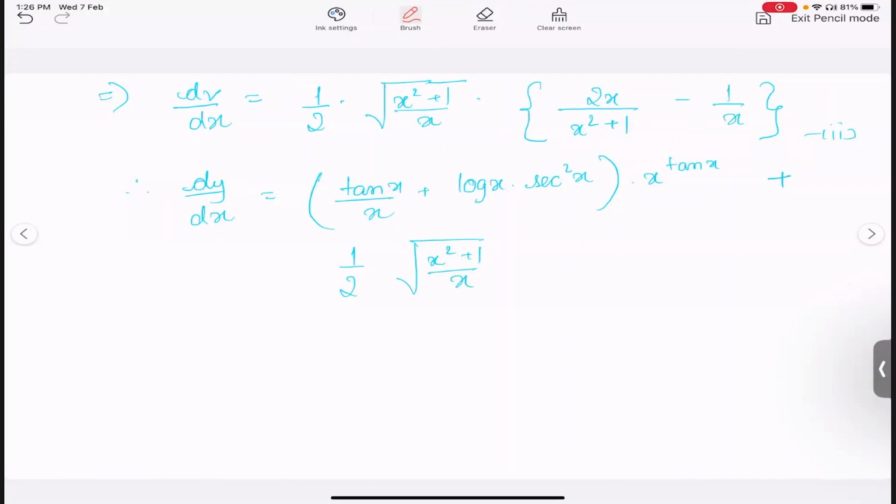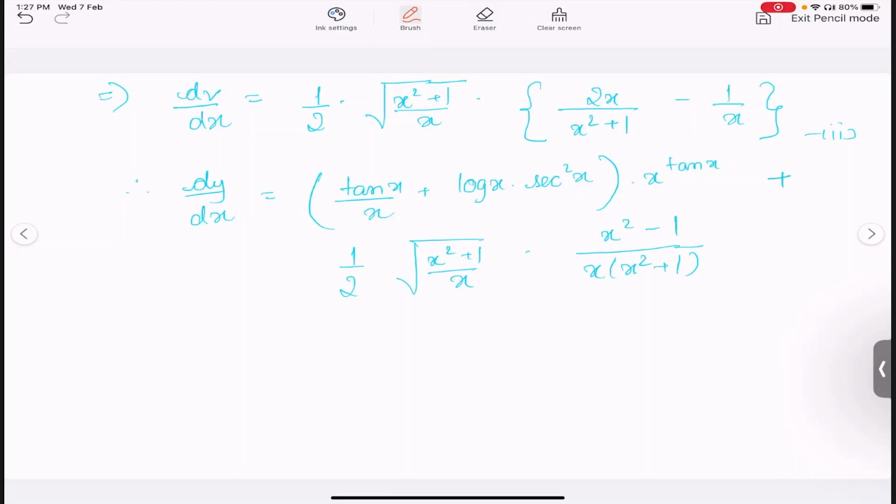This can be written as x square plus 1. This will become 2x square minus x square plus minus 1. That will reduce to x square minus 1. So this is our final answer.